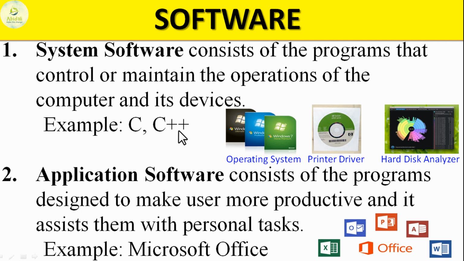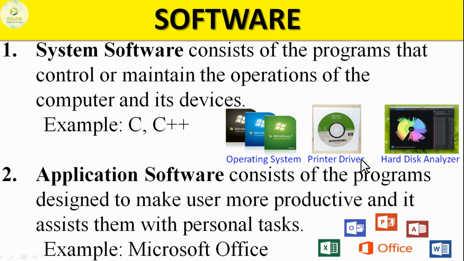The other examples are operating systems, such as Windows 7, Windows 8, Windows 10, Windows XP. All these are system software that work directly on the operation of the system. The next kind of system software is printer drivers. When you buy a new printer, you need to install that printer.